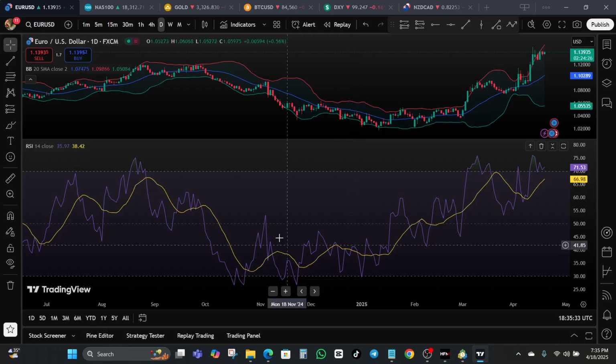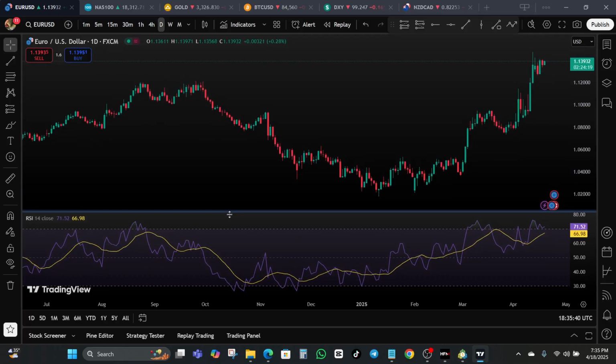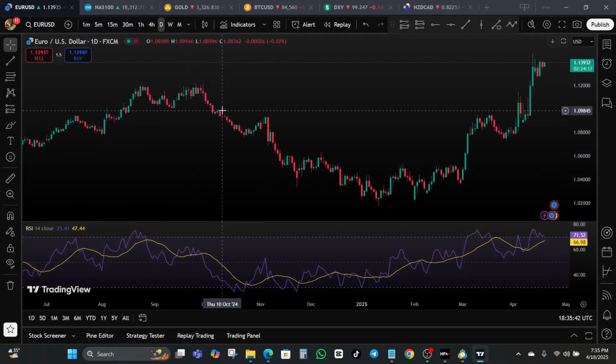Then finally, let us talk about the moving averages. One of the most popular indicators we have out there.